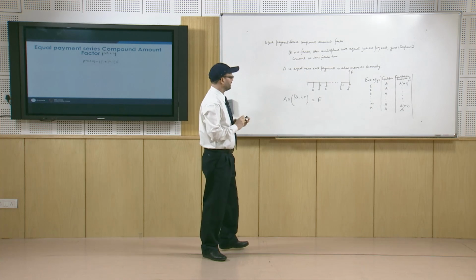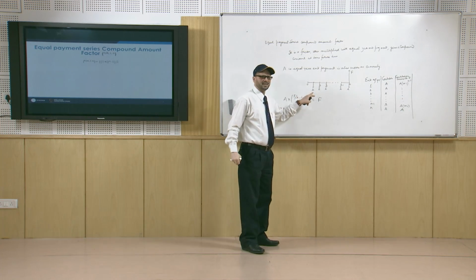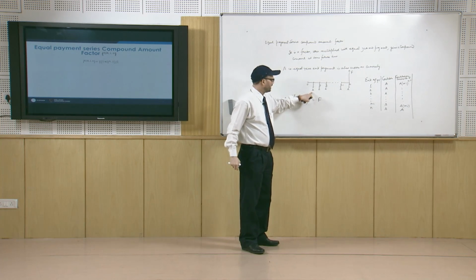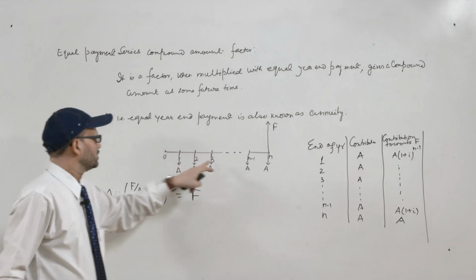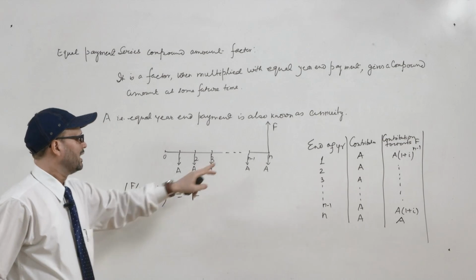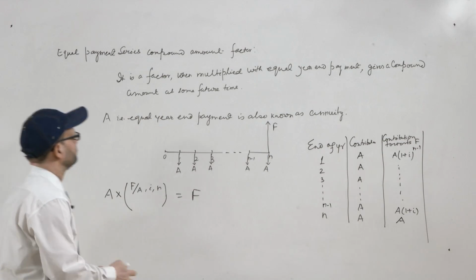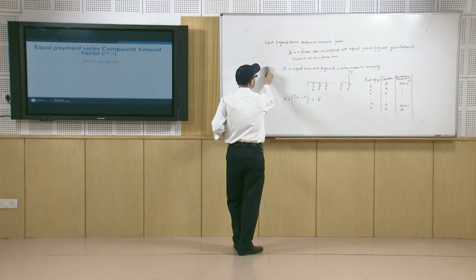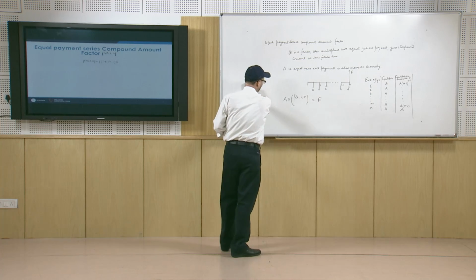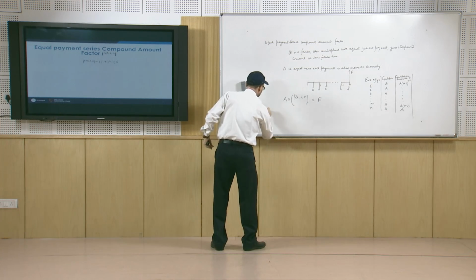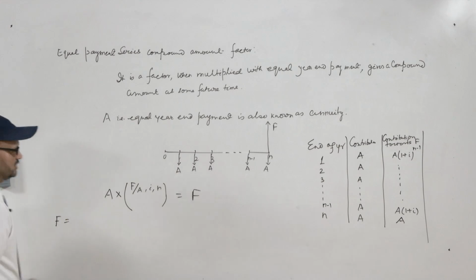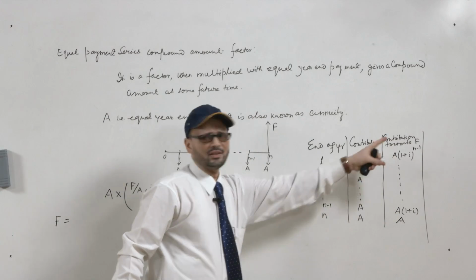So, what we see that we have deposited the equal annual amount A towards the end of the year continuously for n years, and we wish to draw F. Now, if we look at what is F, so we can write this F is nothing but the sum of all these quantities.